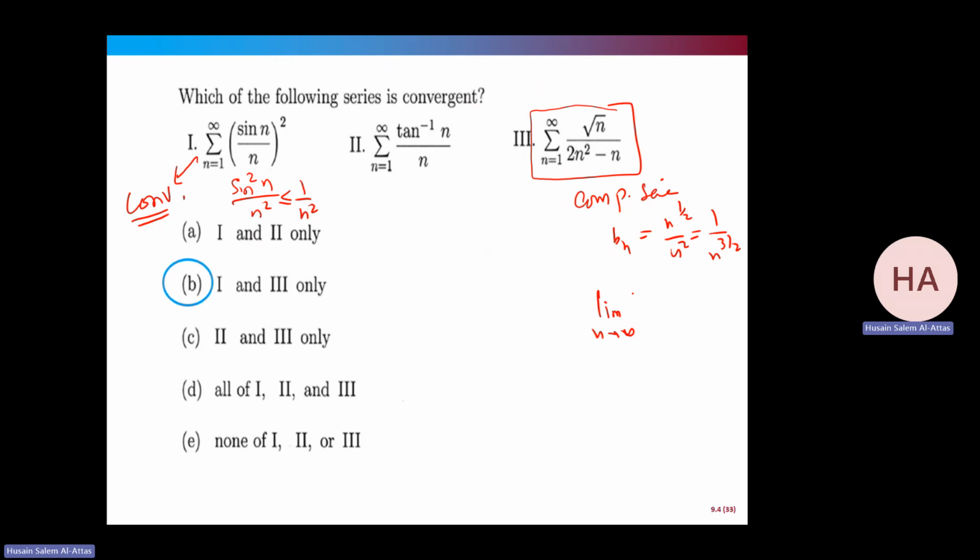That gives me the square root of n over 2n squared minus n times n to the power 3 over 2 over 1. That will be the limit as n goes to infinity of n squared over 2n squared minus n, which is half, positive. So this one also converges, since this P series converges.